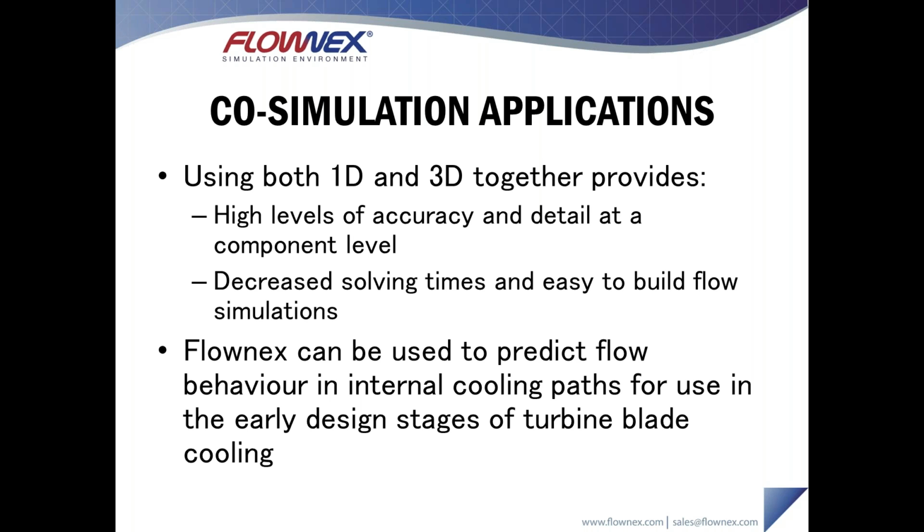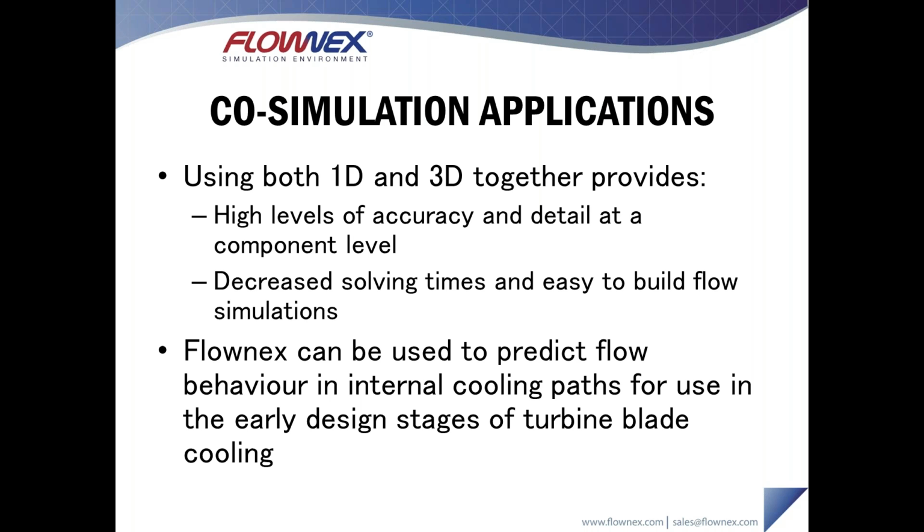We can also then look at decreasing our solving times by modeling the flow internally inside the blade. So as this flow is mostly one-dimensional, this flow network modeling approach is ideal for modeling these flows, as we can include all of the effects, all of our body forces, as well as all of the standard correlations for our friction factors and our heat transfer coefficients in these particular geometries.